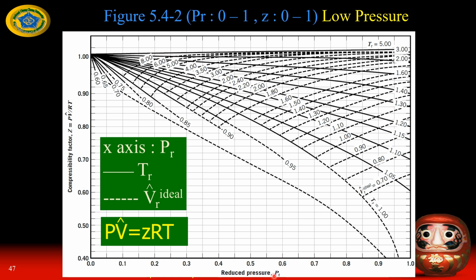The solid lines represent TR, which is 3.00, 1.4, 1.15, and 1.05. And the dashed line represents VR ideal.